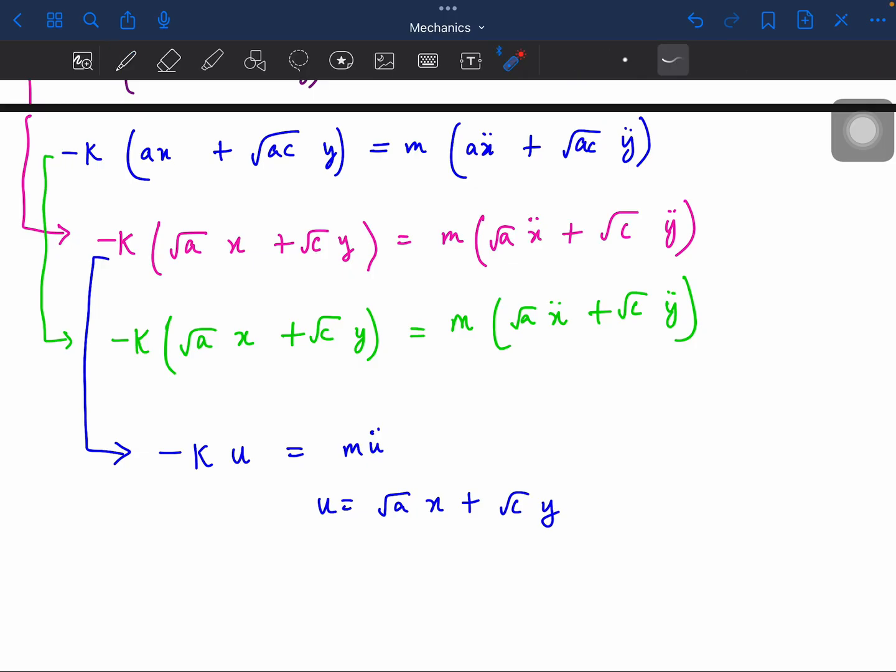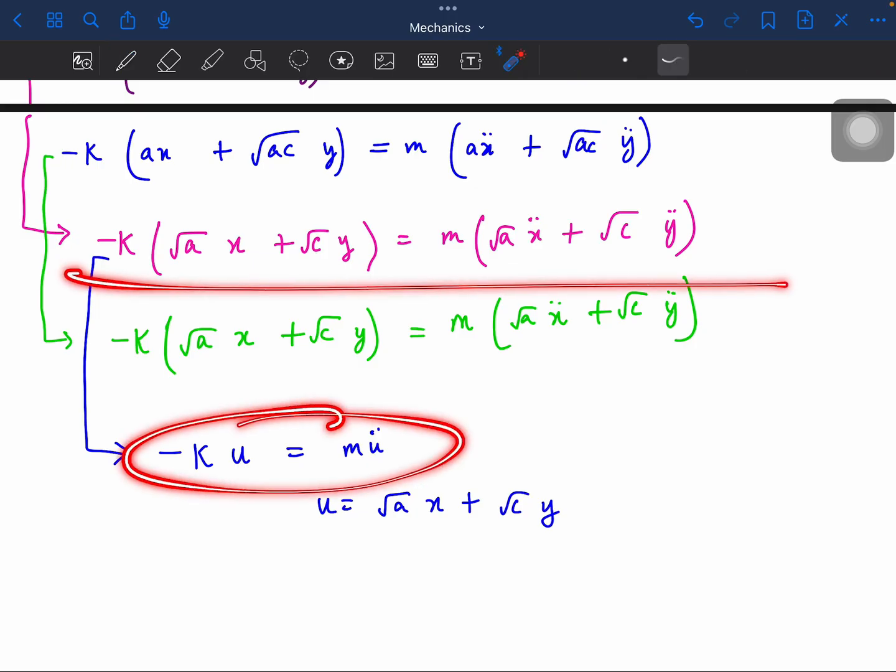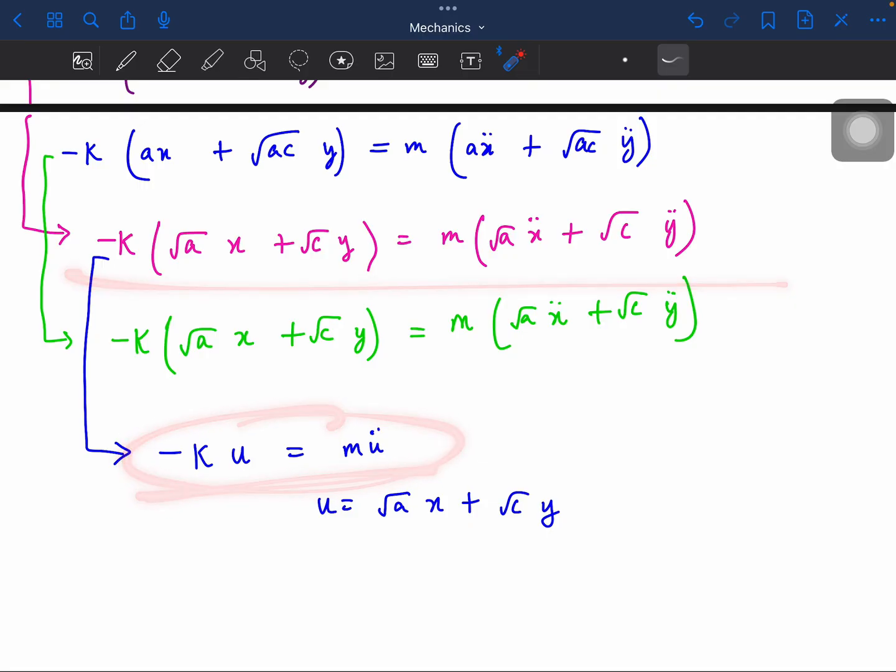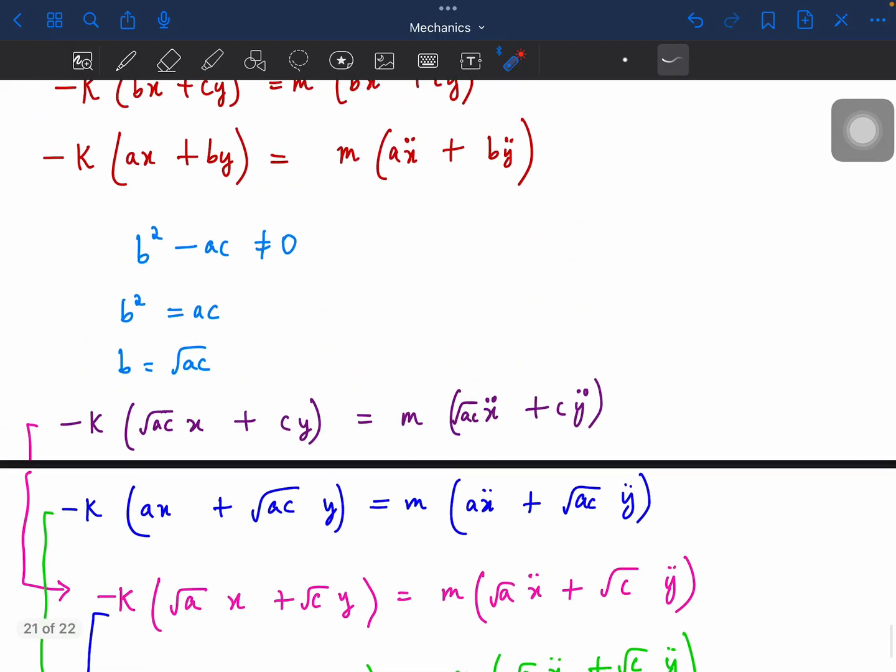So this equation represents a harmonic oscillator equation, and this also represents the exact same harmonic oscillator equation. These two won't combine to give an equation in two dimensions, but in the same one. So this equation will become a one-dimensional equation if this condition is satisfied. That's why this is significant. That's the significance of this condition.